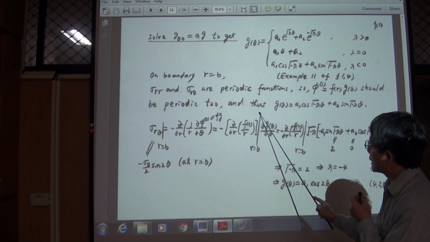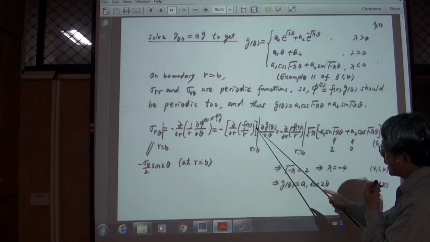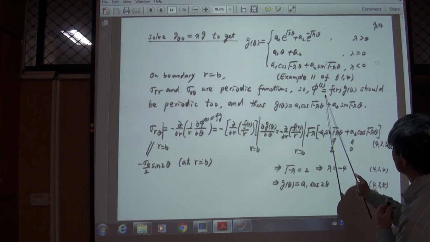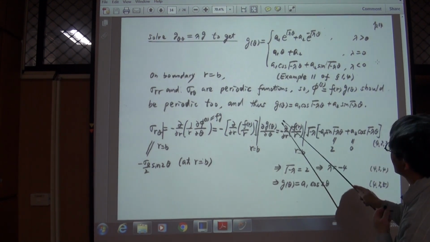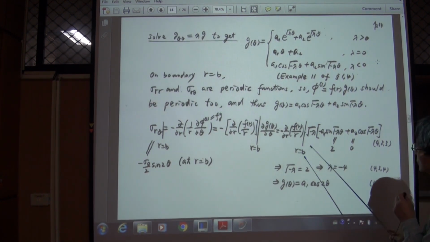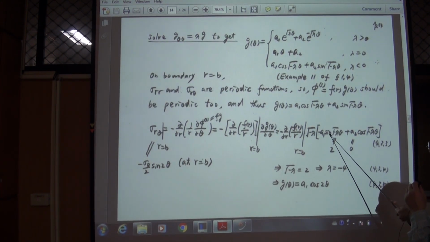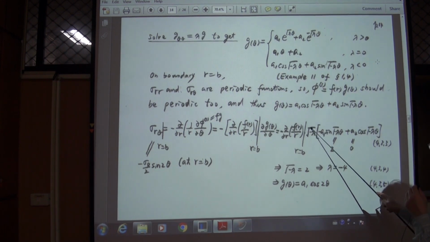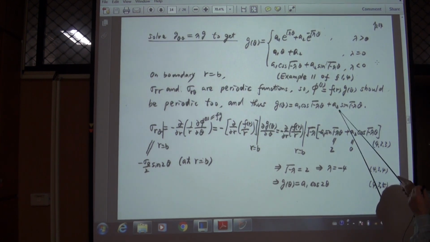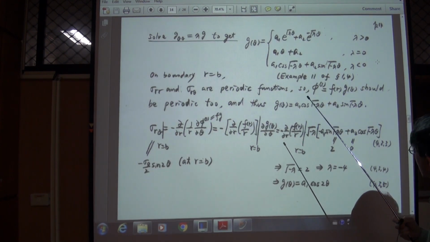So we get this one and this one, of course at r equal to little b. Now we put this formula into here and carry out the differentiation. Differentiating cosine becomes minus sine, and the square root of minus lambda comes out. Then differentiating this term becomes cosine, and the square root of minus lambda comes out.